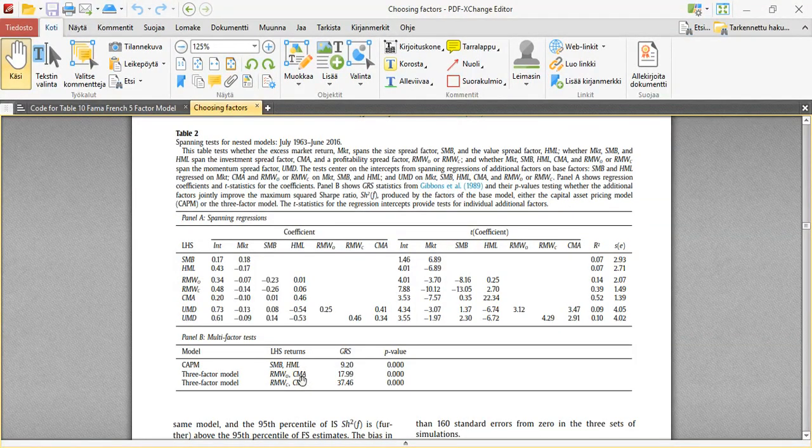Since it's again a test using nested models, we only have to test on the left-hand side. We have the two risk factors that are included in the five-factor model but not included in the three-factor model. These two additional regressors or risk factors are these guys here.